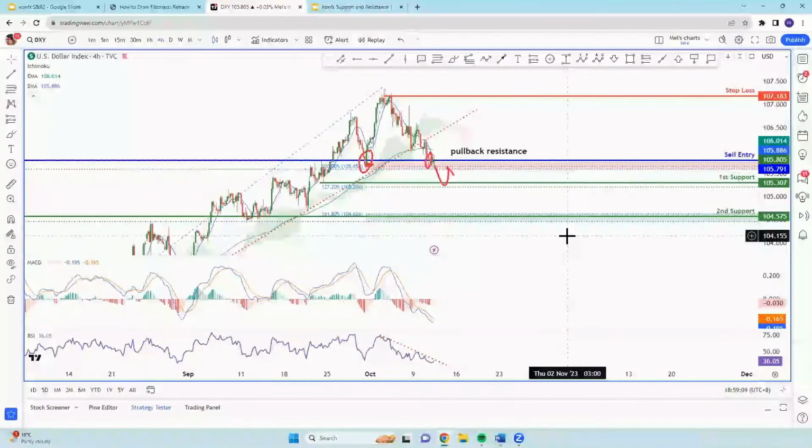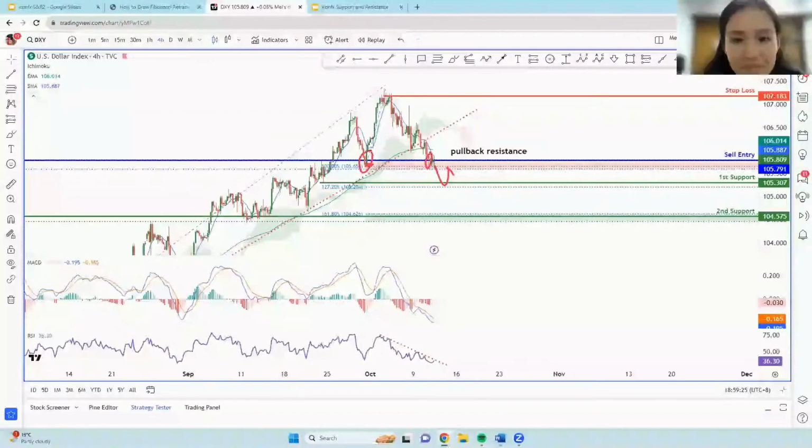I use the moving average, but I think I will add RSI just to know my trend. Yes, the RSI is user friendly.